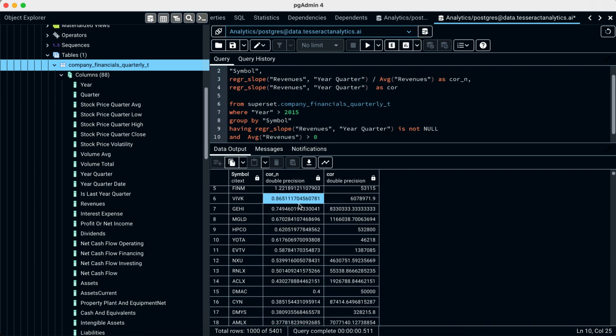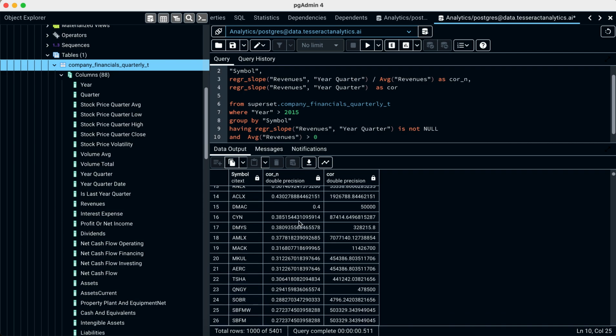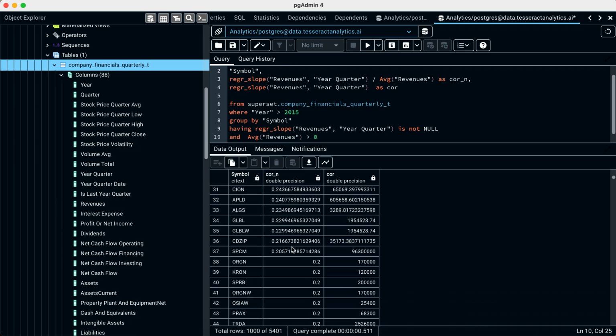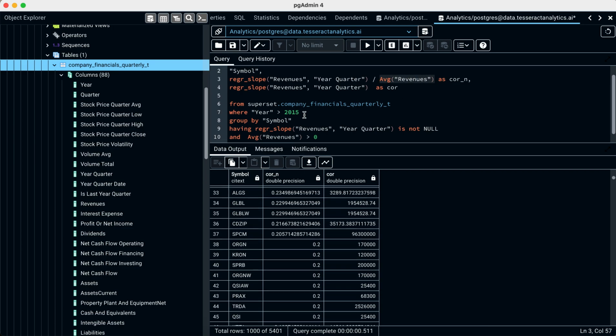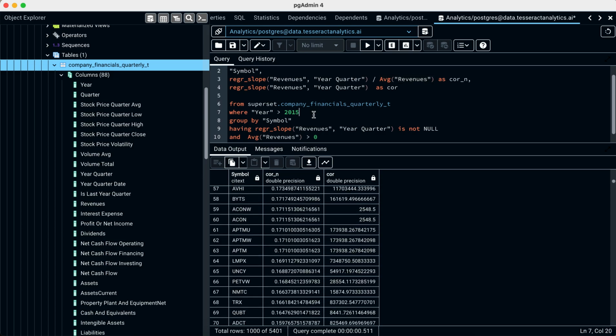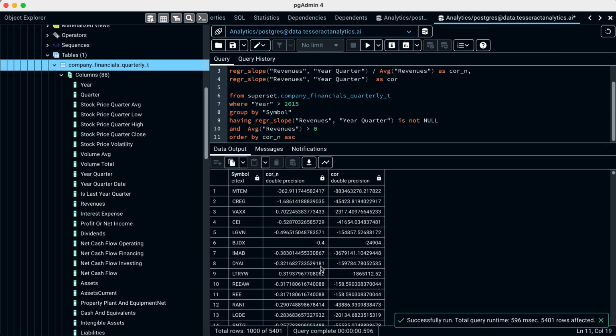These companies have the highest slope, a positive slope as a function of their average revenues since 2015. They're all growth stocks, and we can see some are growing downwards.